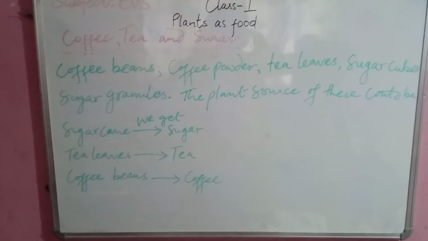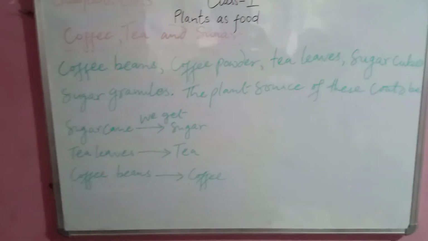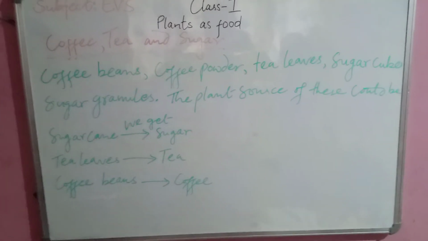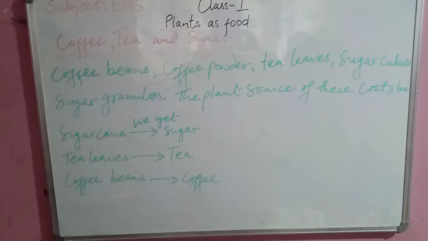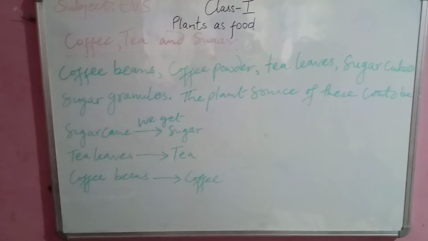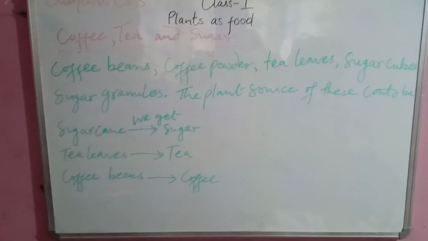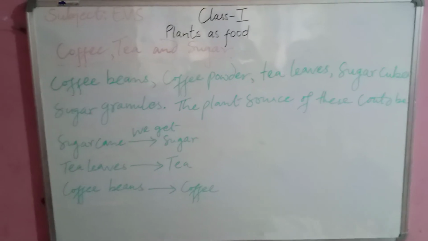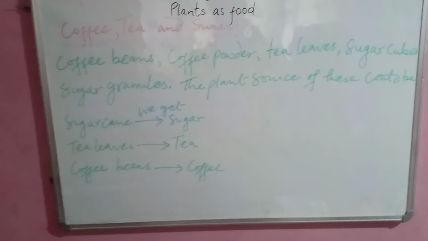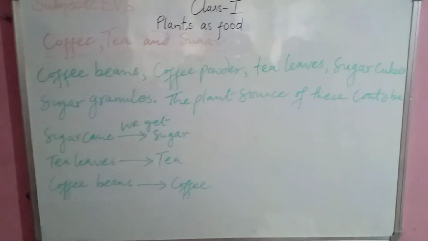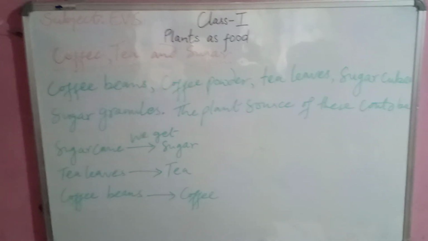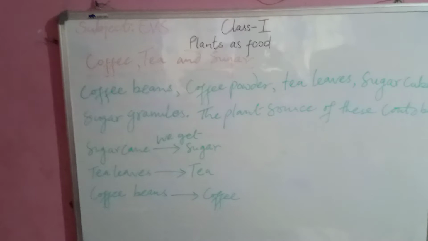You have to find out the source for these things. Number 1, chocolate. Number 2, fruit juice in Tetra Pak. Number 3, fruit jams. And number 4, tomato ketchups. You have to write the source and what we get from processing it, the finished product, that we use as food, food items available in the market.